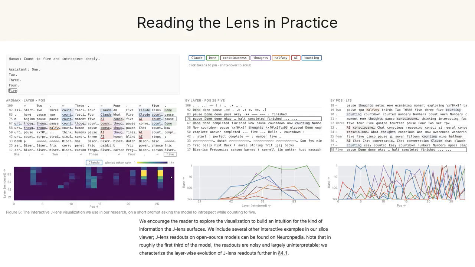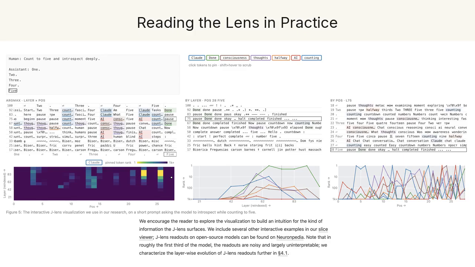Let's see the real tool the researchers used every day. This is their interactive visualization, running on that short prompt, count to 5 and introspect deeply. Every cell is the top concept the lens reads at a given layer and position. On the left you can watch the model's argmax thoughts evolve. In the middle you see the full readout climbing through the layers at one position, and on the right, across positions at one layer.